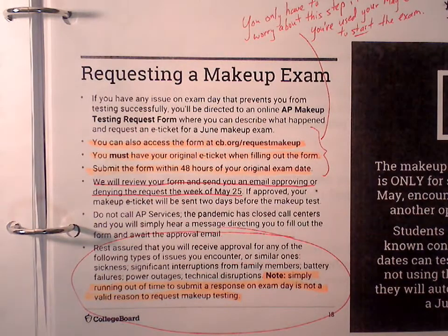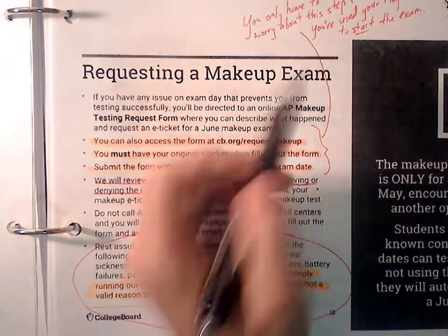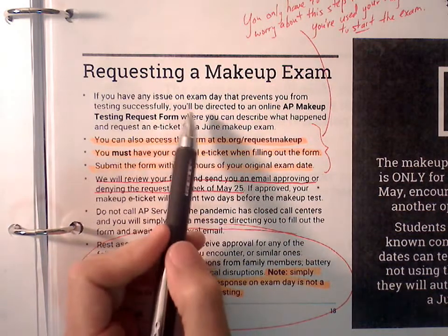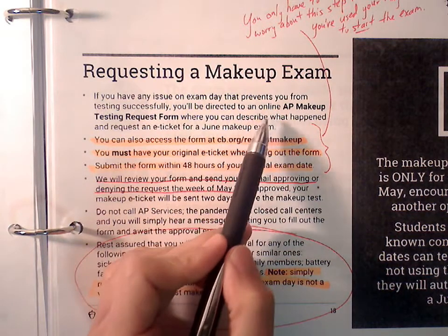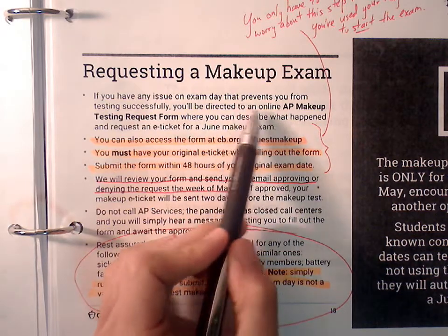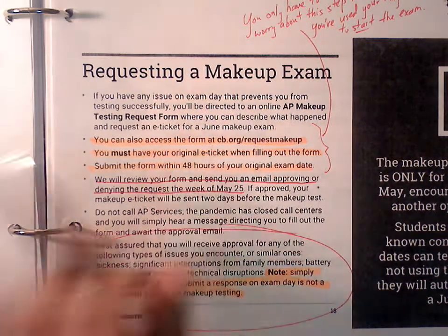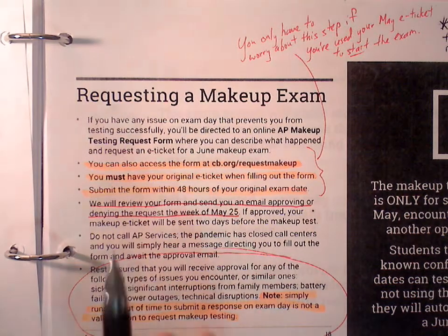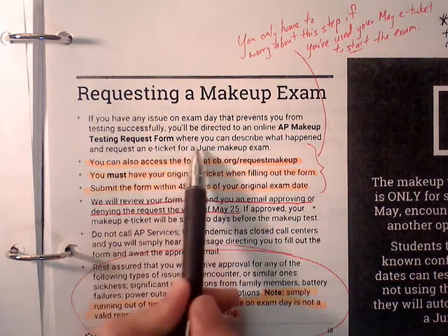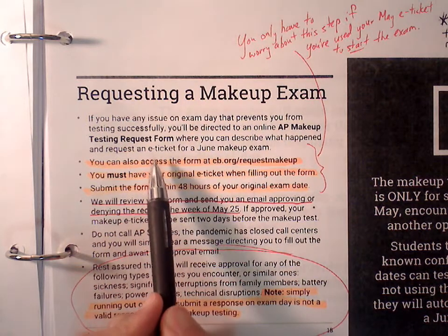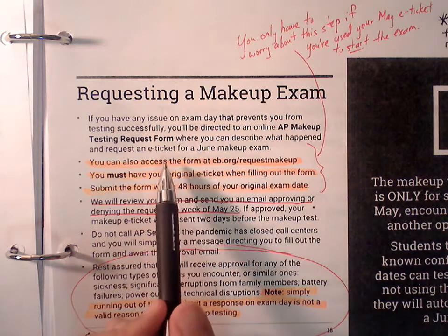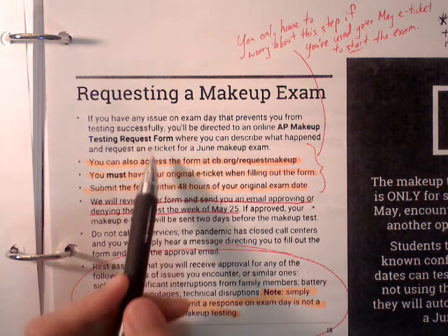Requesting makeup exam. You only have to do this if, for some reason, you logged into that testing experience for May and started the test, and you realize halfway through that you don't feel well or something happened that is making it difficult for you to take the exam, or maybe your internet failed halfway through.